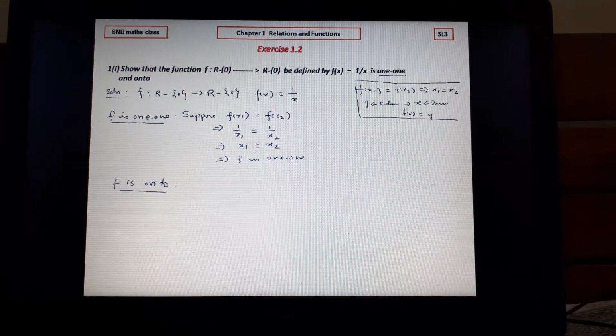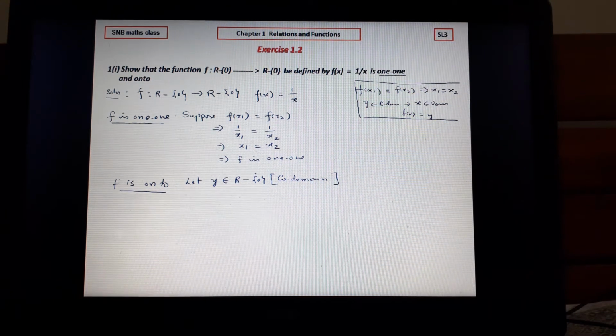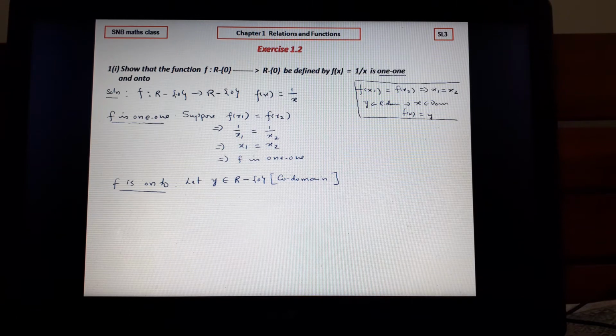Now, what is the procedure? We have to take an element belonging to the codomain. Let y be an element of R minus 0. Here, instead of R minus 0, if you want, you can just write codomain. Then what we have to show is there is an element in R which is the pre-image of this y.